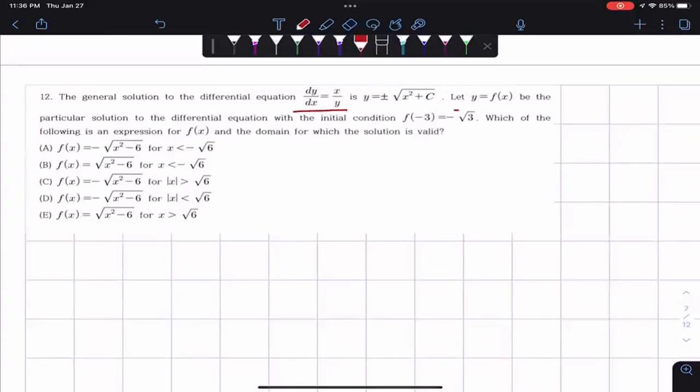Let y equal f(x) be the particular solution to the differential equation with the initial condition x equals minus 3, y equals minus the square root of 3. Which of the following is an expression for f(x) and the domain for which the solution is valid?